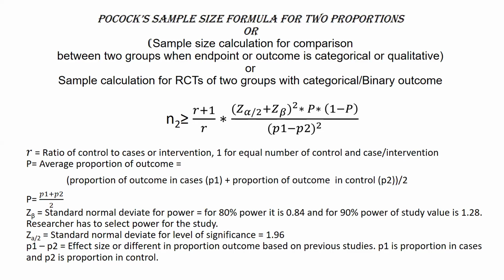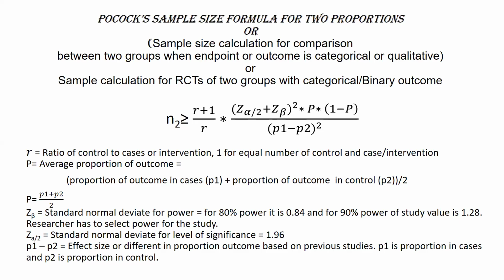Please remember this. It is also called the difference between two group proportions, the difference of proportion between experiment group and control group, P1 minus P2. It is also called effect size.